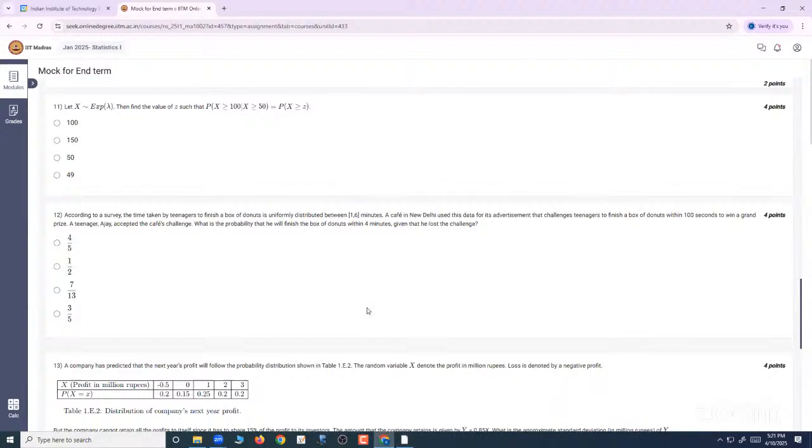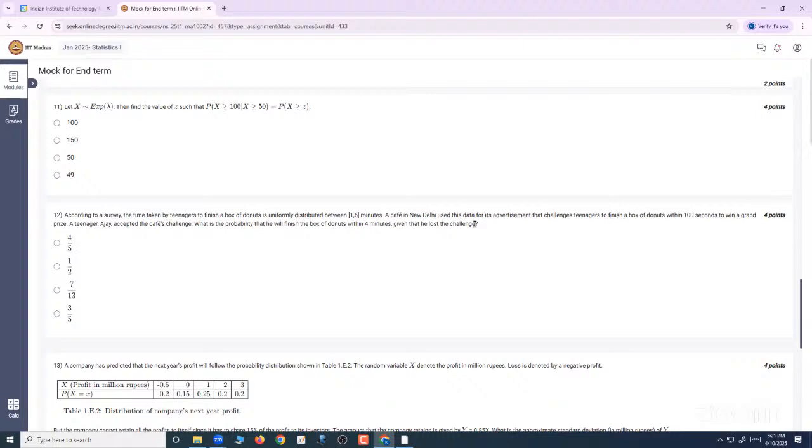According to a survey, the time taken by teenagers to finish a box of donuts is uniformly distributed between 1 to 6 minutes. A cafe in New Delhi uses this data for its advertisement that challenges teenagers to finish a box of donuts within 100 seconds to win a grand prize. A teenager, Ajay, accepted the cafe's challenge. What is the probability that he will finish the box of donuts within 4 minutes, given that he lost the challenge?